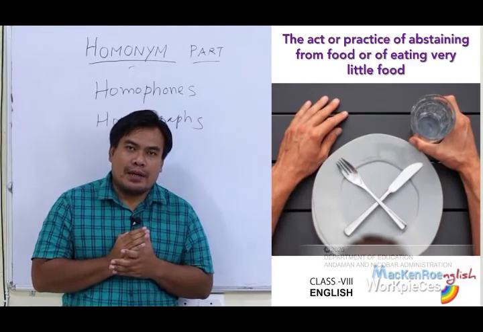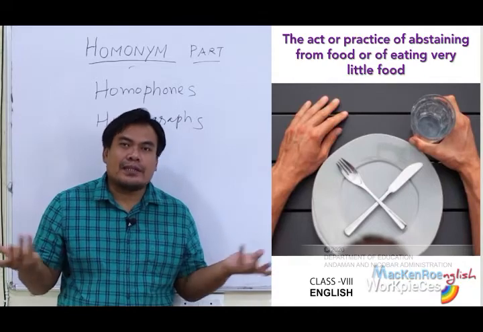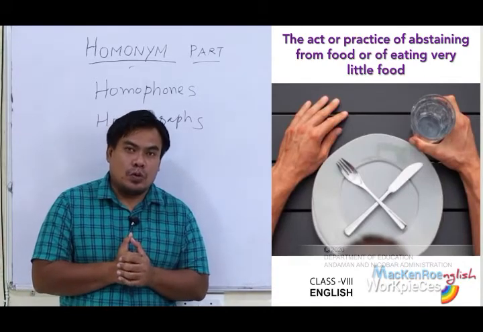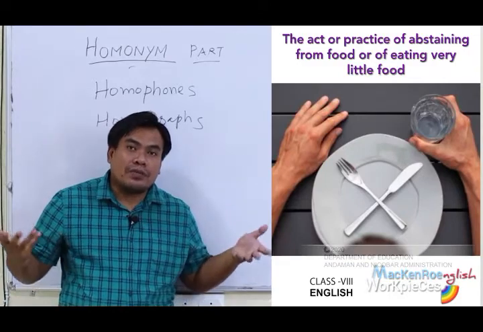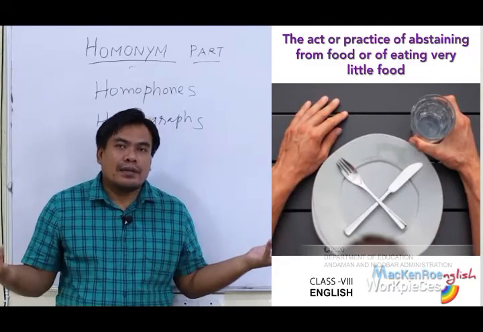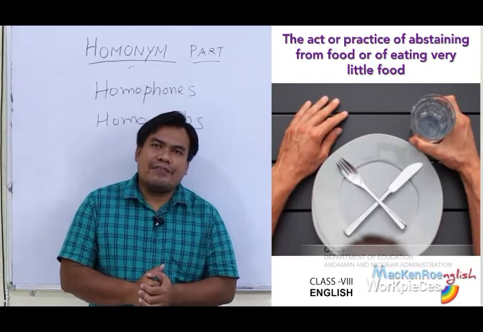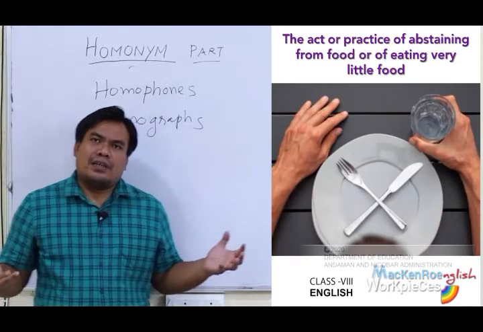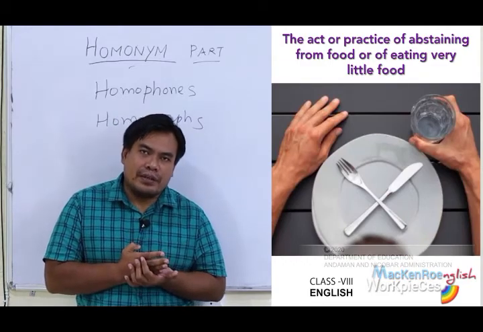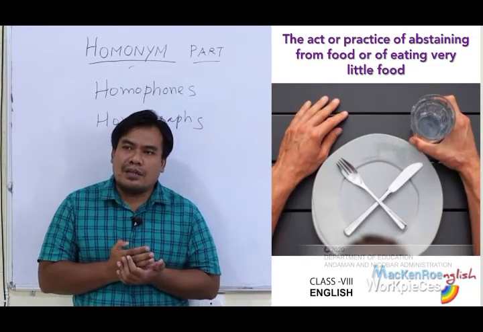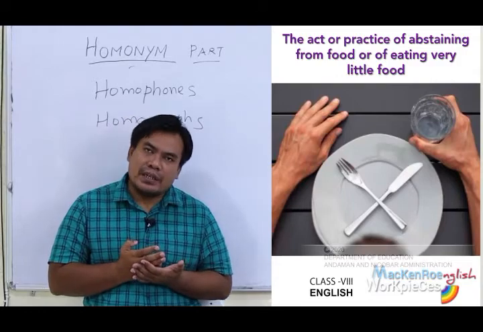There's a man who's about to eat something, but there's nothing on the plate. So if a man is trying to eat something which is not there on the plate, fast, F-A-S-T, fast.